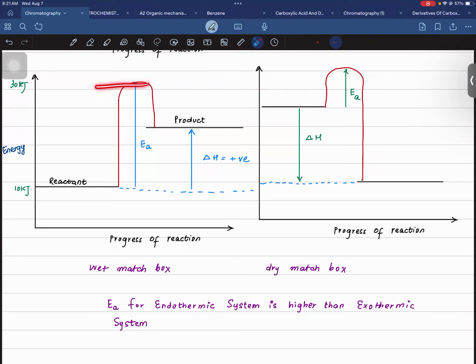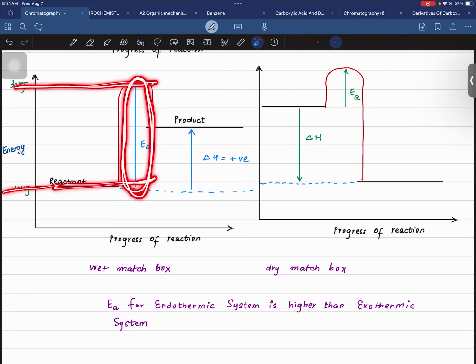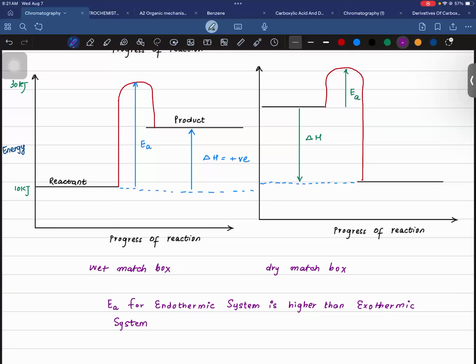So the length of this arrow is going to represent that this much activation energy is supposed to be provided to the particular reaction to start. The examiner would be giving you different values and asking regarding this, so we need to plan accordingly.